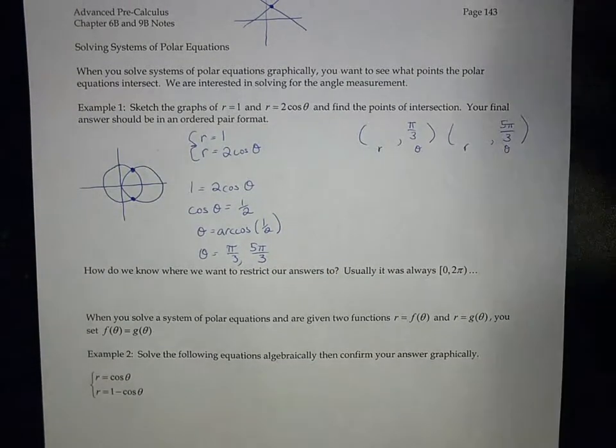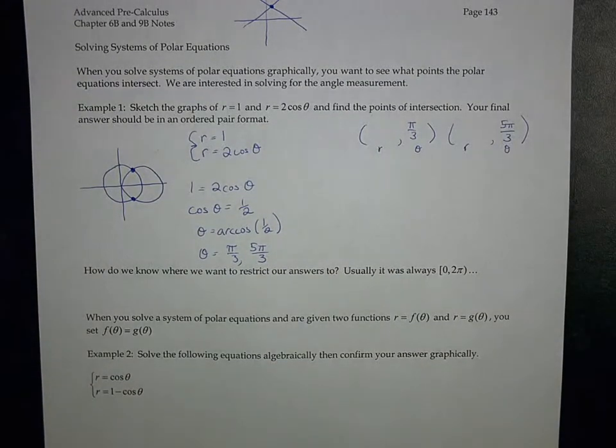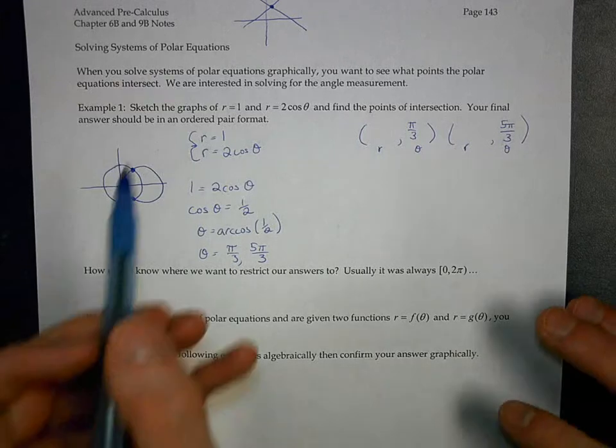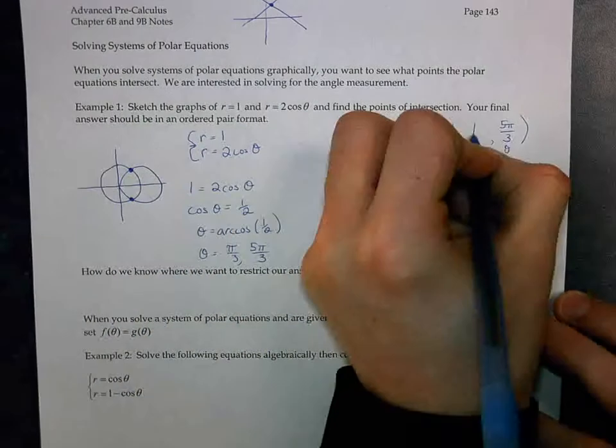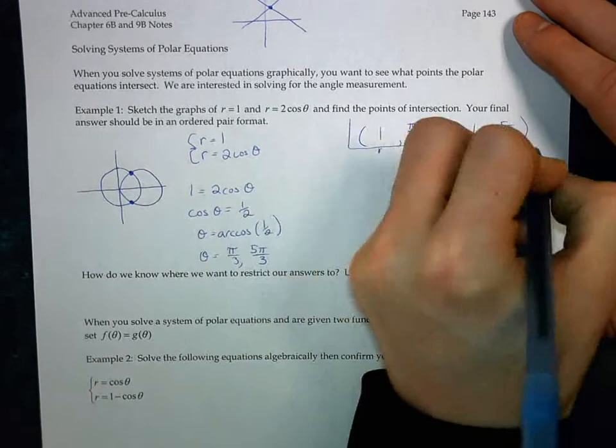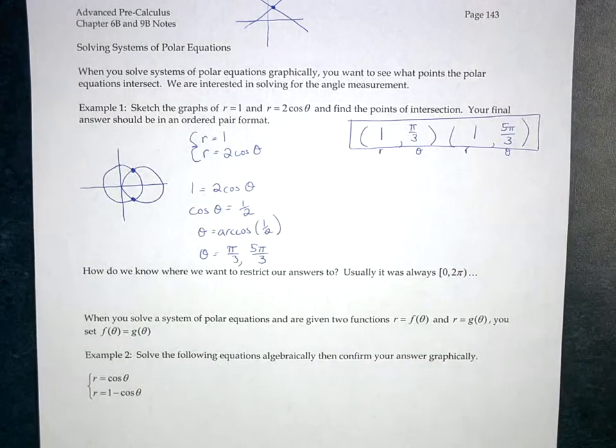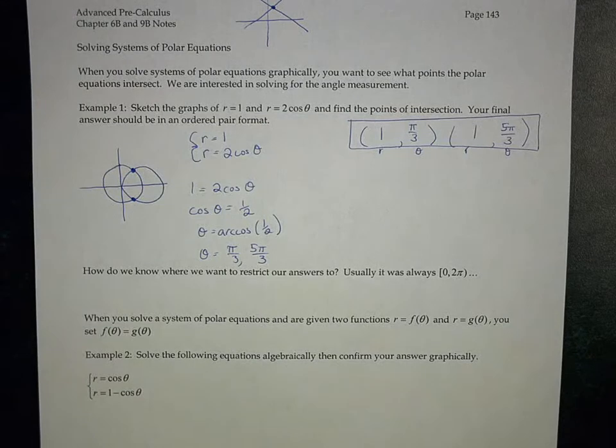What we would do is go back and look at our original equations and substitute in. The easy one here is to say r is equal to 1, and then we're done with it. But if I didn't have such a clean equation where it doesn't jump out at me that r equals 1, I could choose any equation, substitute in the answers I got, and then solve.